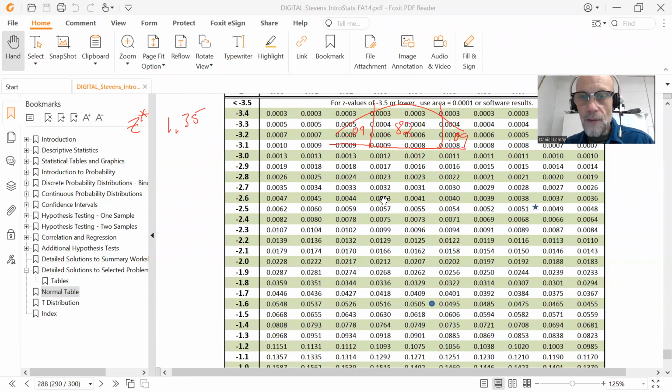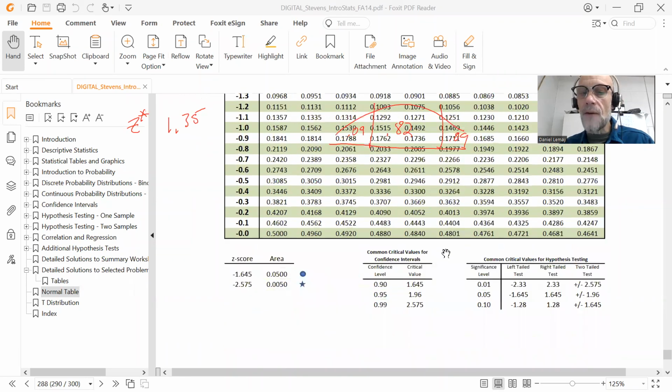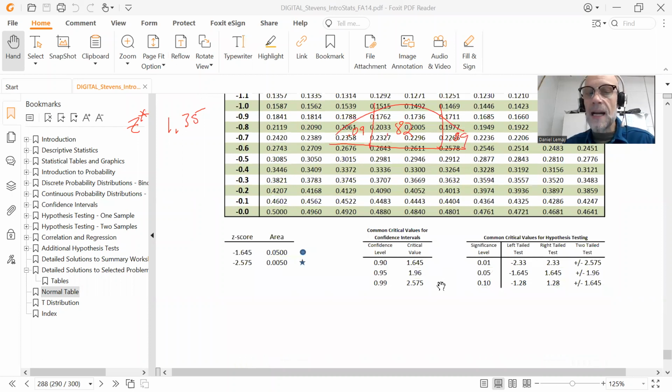But what if you're just looking for a normal everyday confidence interval, and you don't like 90, 95, or 99.99% confidence interval? See this little mini table at the bottom of Dr. Stevens' table? This is a really great feature. I've never seen this in another textbook. So what he did is he went through and found 10% outside to 0.05.